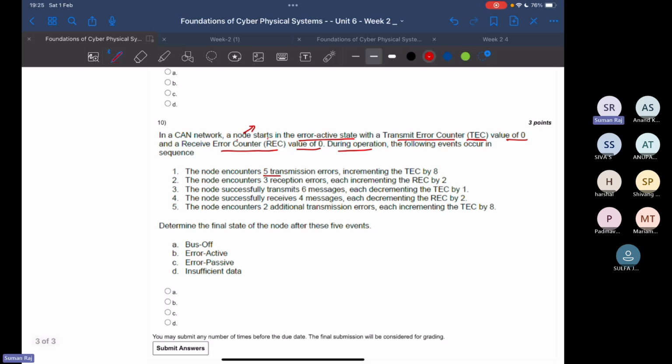You encounter 5 transmission errors and you increase the TEC by 8. You encounter this, you increment the REC by 2. You successfully transmit this one, so you decrement the TEC by 1 for each successfully transmitted message. All right, so you actually minus 6 over here.